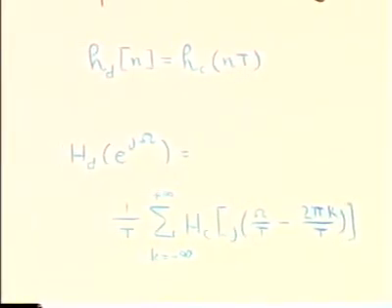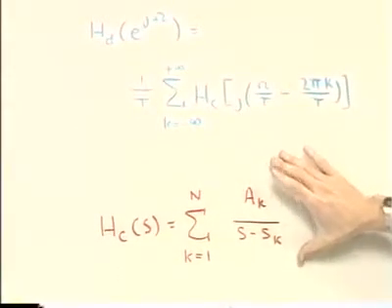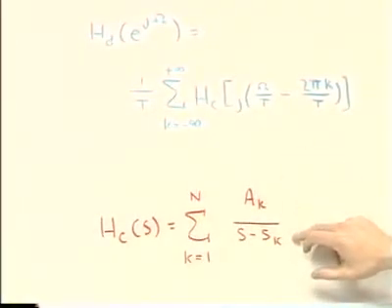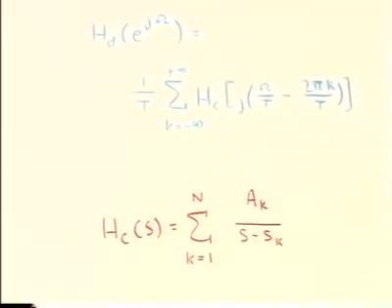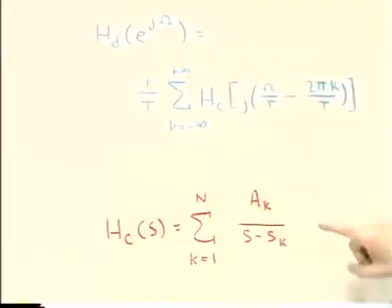Let's consider the continuous time system function expanded in a partial fraction expansion. And just for convenience, I'm picking first order poles, or rather single poles. This can be generalized to multiple order poles, and we won't do that here. The same basic strategy applies.